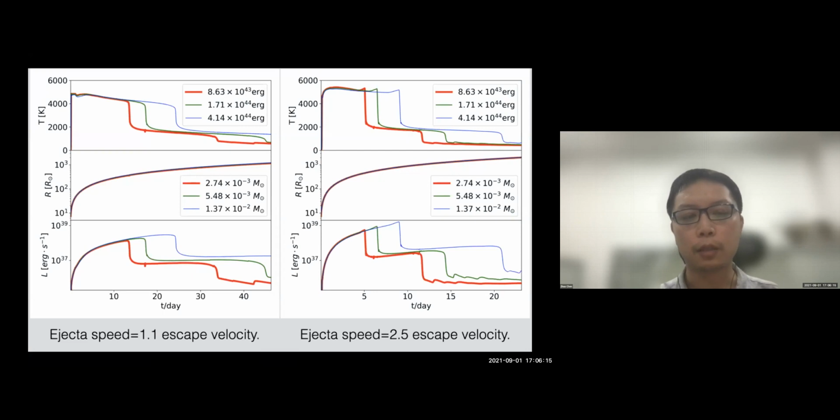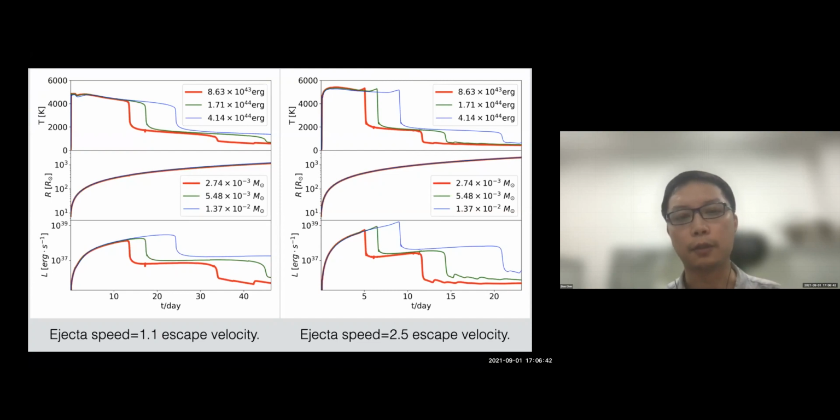On the left panel is our result with an ejecta speed of 1.1 times the escape velocity. We can see that the temperature drops, the radius of the photosphere expands, and the luminosity has a plateau. I don't have a pointer here, but the first plateau is the first rise.